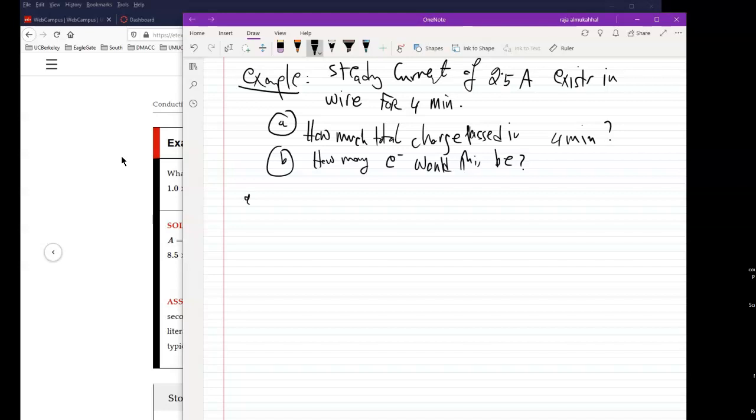Okay, so let's answer the first part. How much total charge? I think we've done that before. We know that the current is delta Q over delta T, so you're looking for delta Q, or Q. That will be I delta T. In this case, the current is 2.5, multiplied by delta T, which is 4 minutes.